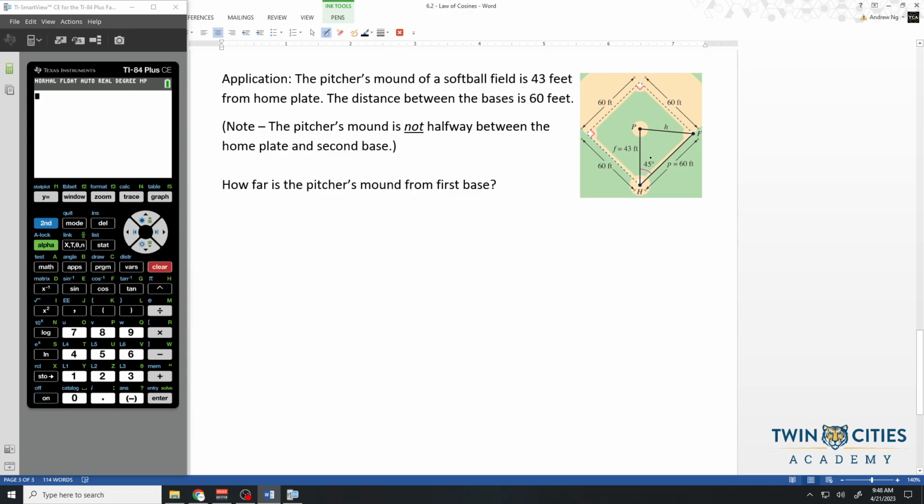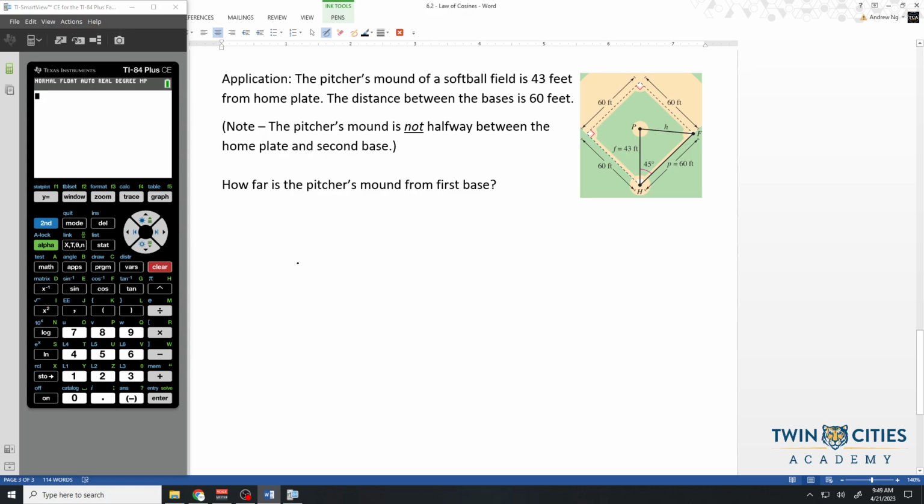So this is going to be 45 degrees because I've got another 45 degrees over here. So let's use law of cosines. I've got two sides and the included angle. Now, I'm not using A, B, and C here. I'm using H, P, and F, but I can easily translate the law of cosines to use these letters.